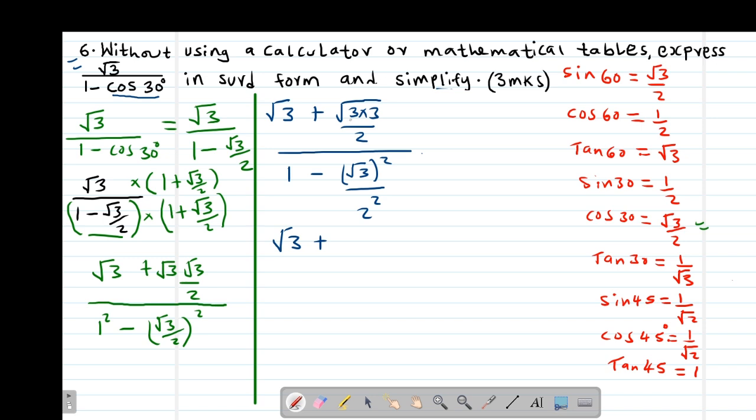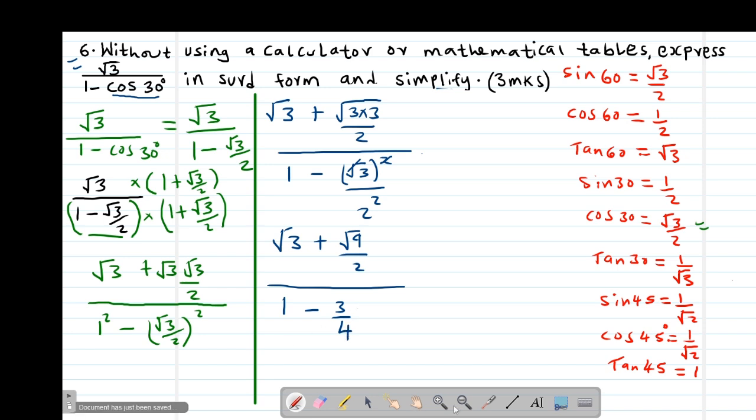Then plus. So 3 by 3 you will get 9. So this will be root 9. Then divided by 2. Then the whole thing divided by 1 minus. So the square root and the square are going to cancel out. So we'll have 3 divided by 2 squared. You are going to get positive 4.